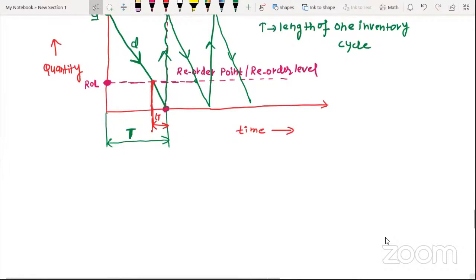So how are we going to define it? Capital T is the time period within which the maximum inventory is consumed.